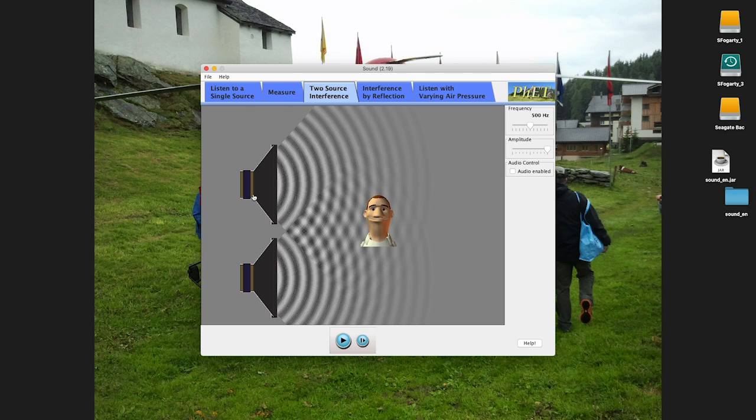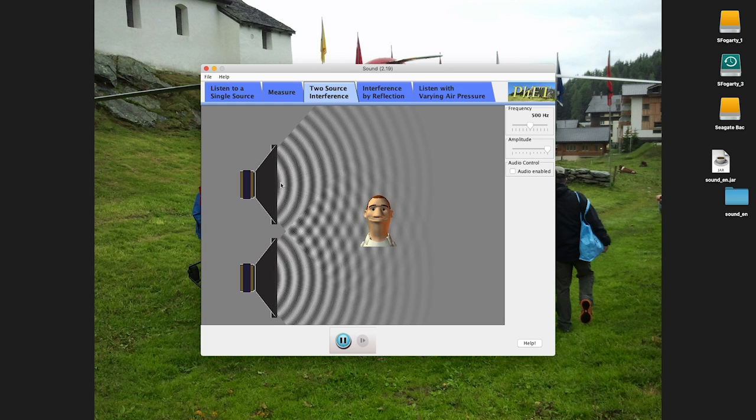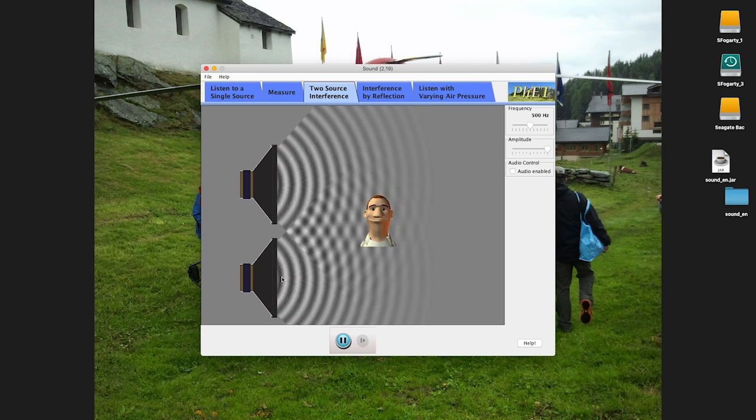So, what's happening? Well, if we look at this little demonstration here, each speaker is connected to the same signal generator, so it's producing the same note, and it's being emitted here. And as the waves come out from each speaker, they are overlapping.